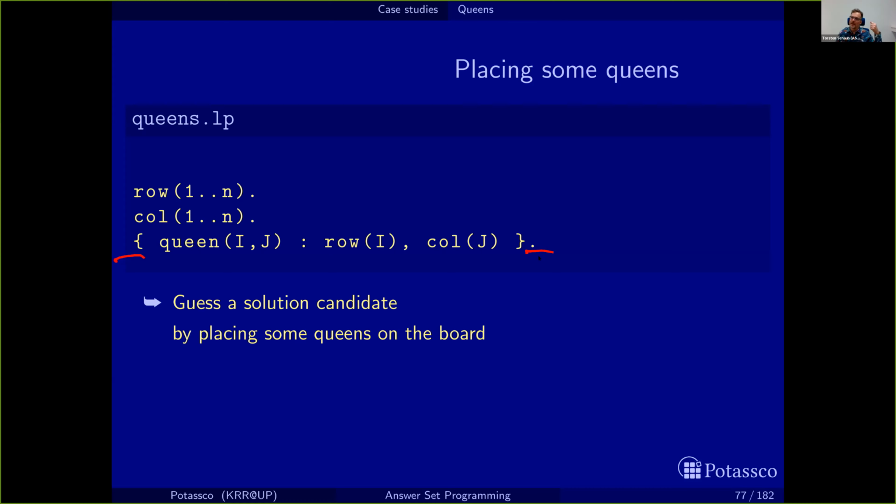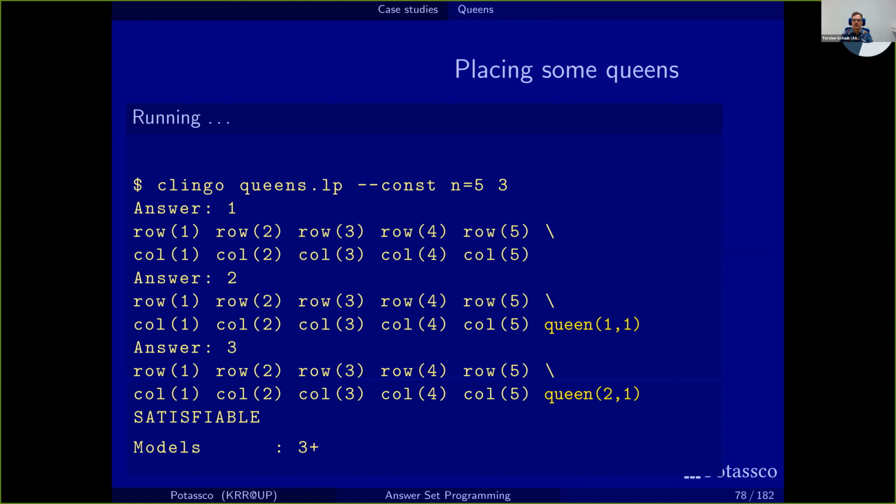So we would start from the empty set, with no queens, then putting 1 queen, then 2 queens, in an order that you cannot predict, and then eventually it will also have queens all over the place. So queens are placed in some arbitrary way on the board. And here I just say I want 3 solutions. I want to enumerate 3 solutions.